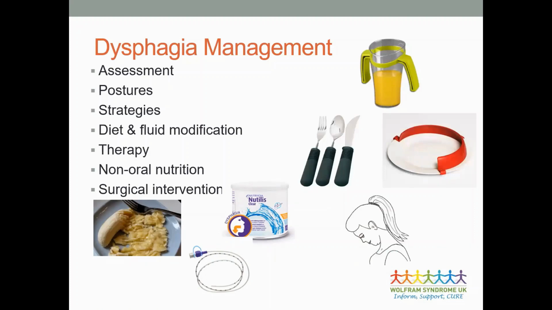So this can be a little tube that's placed through your nose, directly into your stomach or into your intestine in order for somebody to get the nutritional requirements. And this doesn't mean that they're not able to eat or drink at the same time. It can be the case for some people, but not for everybody. Just depends on the situation.